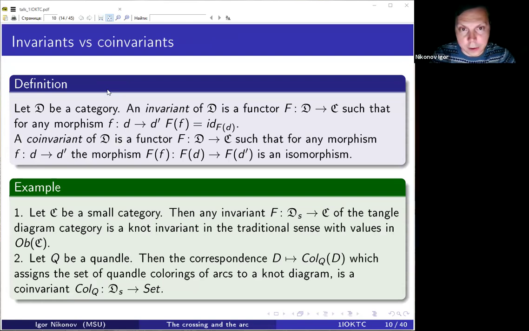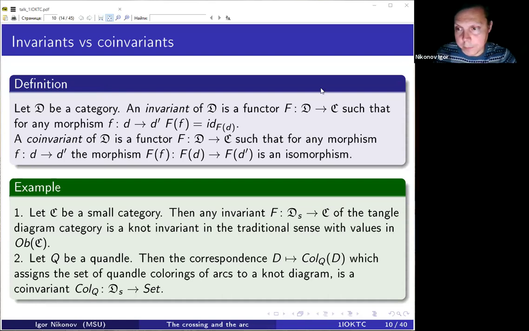Assume we have a category of node diagrams, D, and then an invariant is just a functor from this diagram category to some other small category, such that each morphism, which is a Reidemeister move or isotopy, becomes after this functor an identity map.